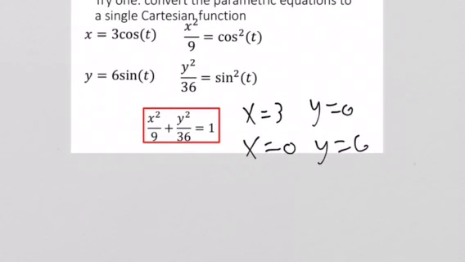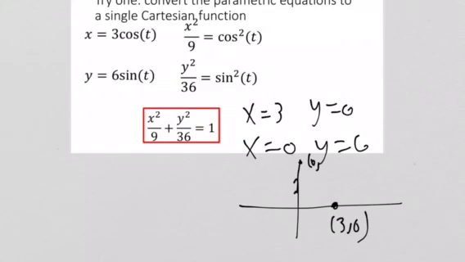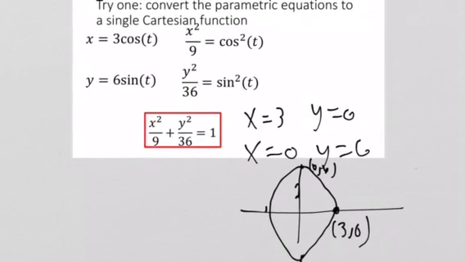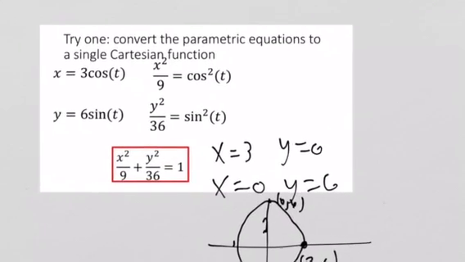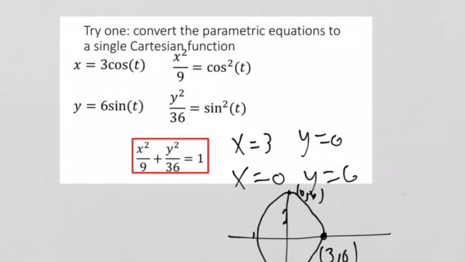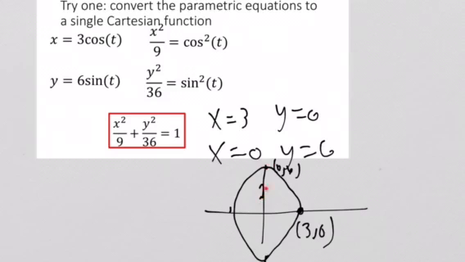So we have points at 3, 0, and then at 0, 6. And then obviously we'd have similar mirrored points down there, and then we can draw our ellipse. Which is the same ellipse we would have gotten if we had just sketched the parametrically defined one, 3 cosine t, 6 sine t, still with a semi-major axis of 6 and a semi-minor axis of 3.